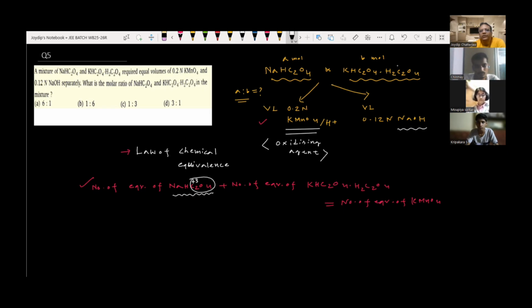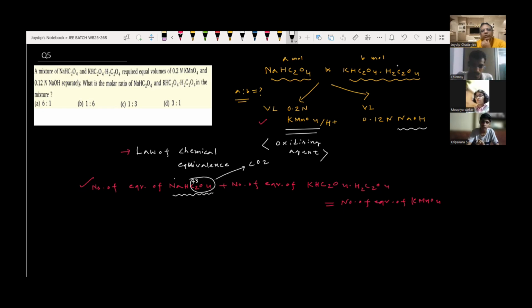It will be converted to CO2, since in a redox reaction with KMnO4, an oxidizing agent, oxidation takes place. So the oxalate part will be converted to CO2.